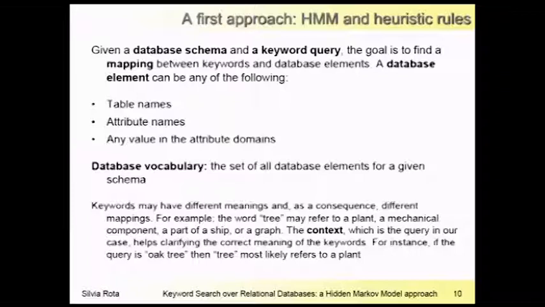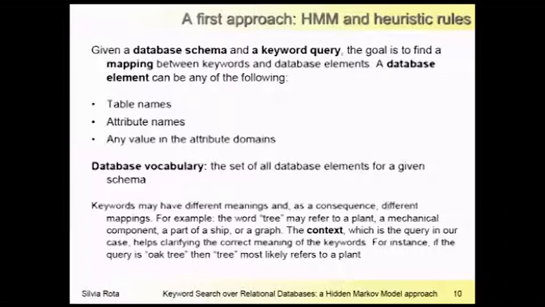Okay, so given a database schema and a query, the goal is to find a mapping between the keywords and the database elements, where a database element can be any of the following. A keyword can map to a table name, can map to an attribute, or can map to any value inside the attributes. And we call all these possible mappings the database vocabulary.